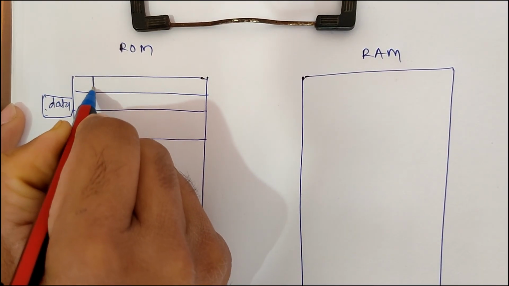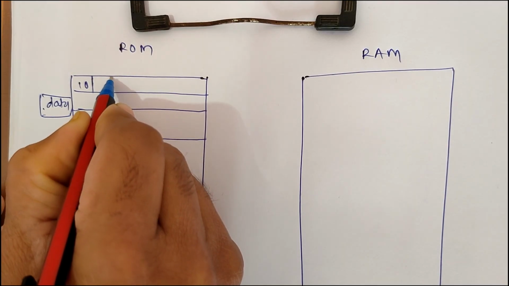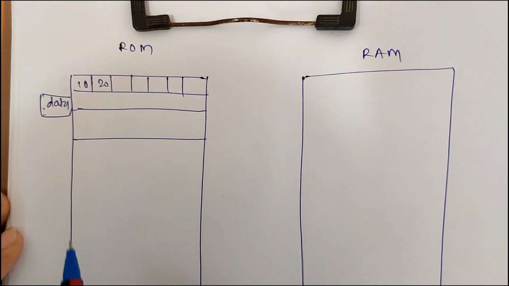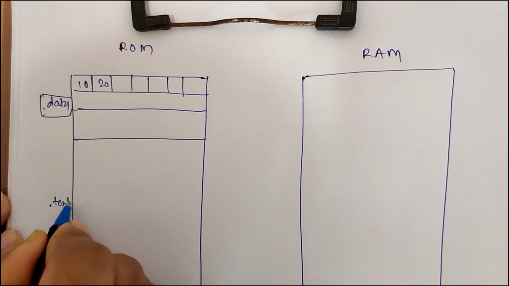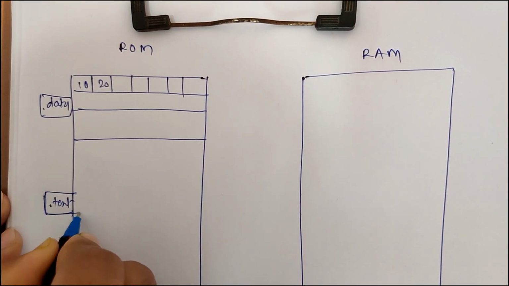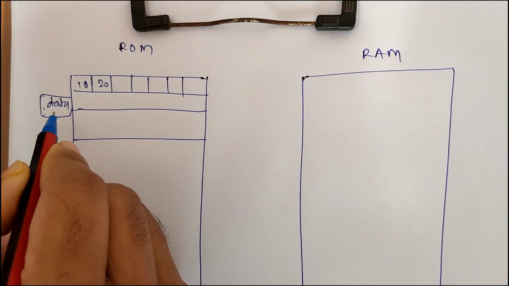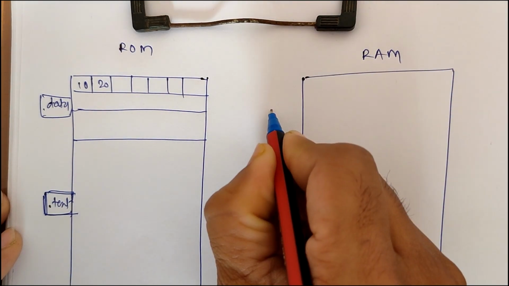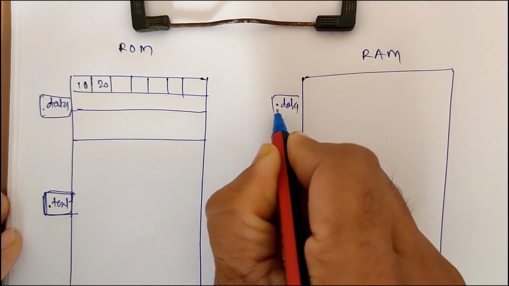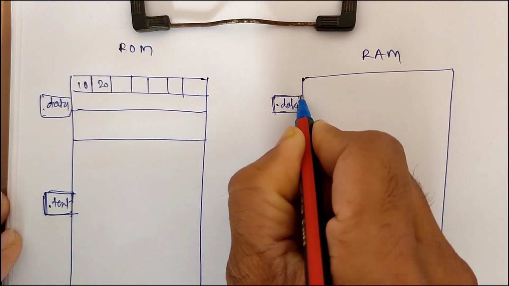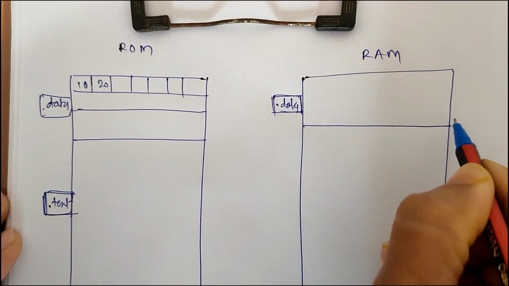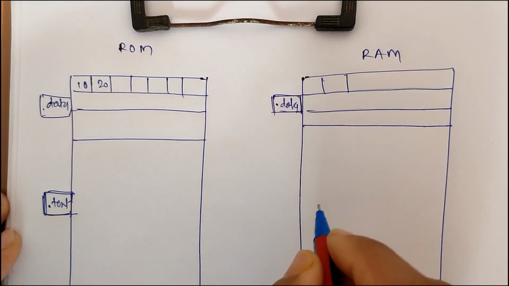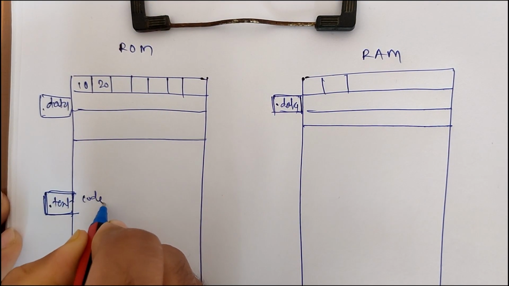I have taken the values x, 10 and 20, and these values are loaded here. Then I also have the text section in ROM only, the .data section and the .text section. Here in RAM I also have the .data section, which is what we have discussed till now. In the text section we have code.